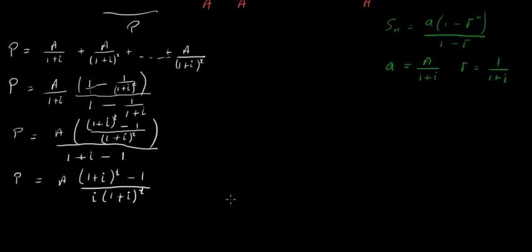Okay, so almost there. I've got this A, not on its own, but I want to get it on its own. So I'm going to divide both sides by all of this.